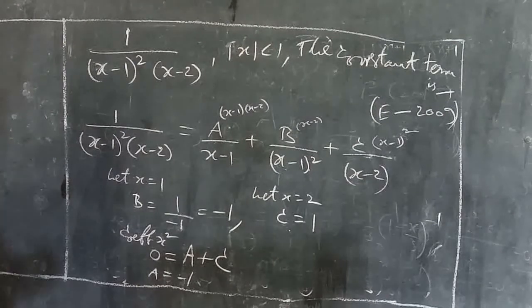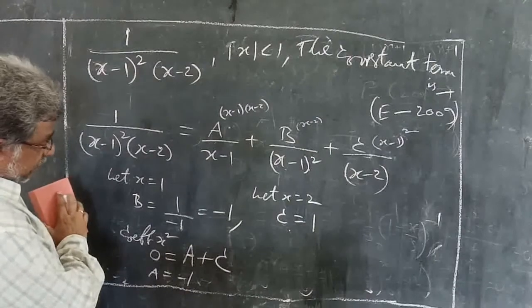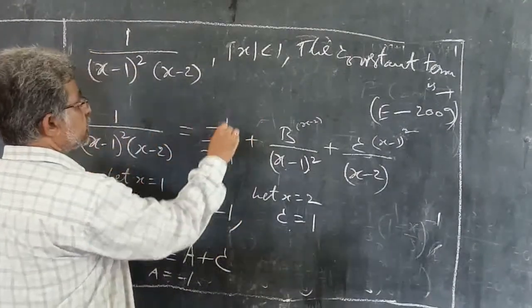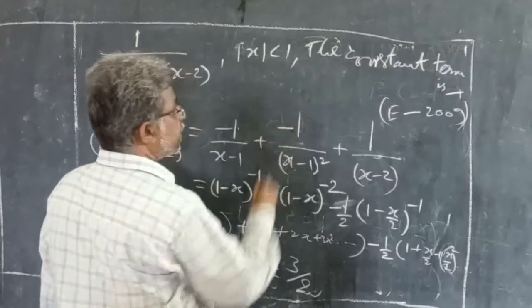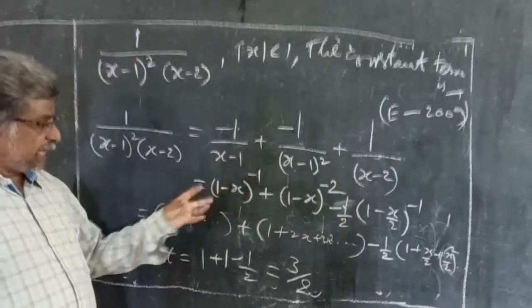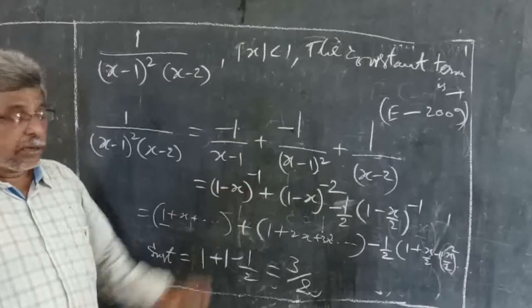Substituting in the given equation, A is minus 1, B is minus 1, C is 1. This becomes, if I take minus 1 common, 1 minus x whole power minus 1.